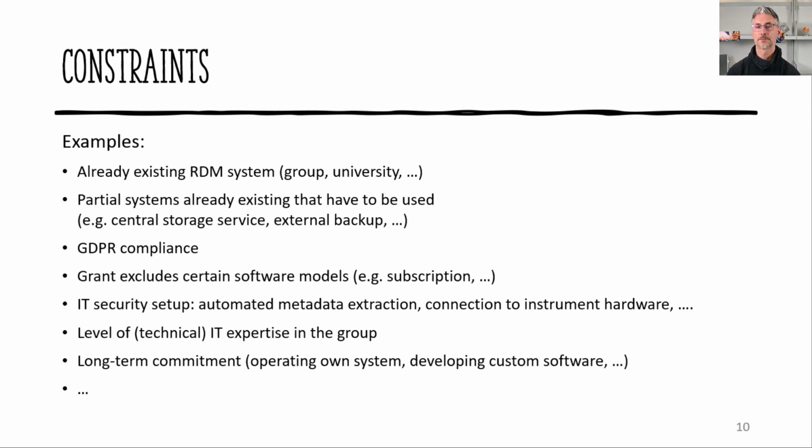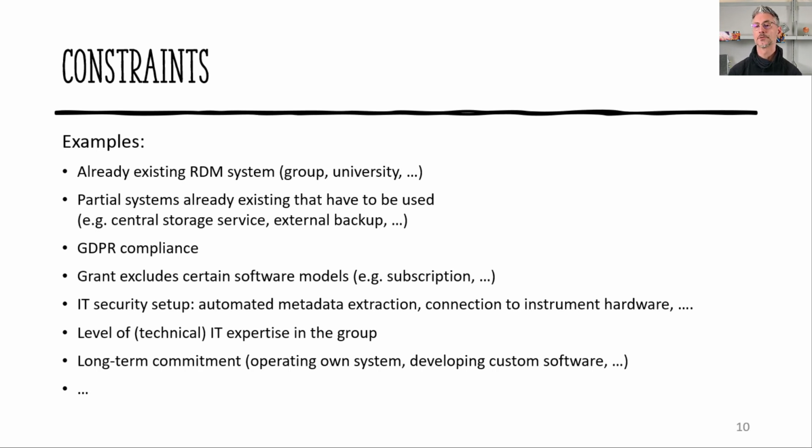If you process personal information, you need to be GDPR compliant. So that can add quite a lot of overhead and hassle. And the same includes if you have sensitive data from industry projects or medical or other relevant sensitive data.